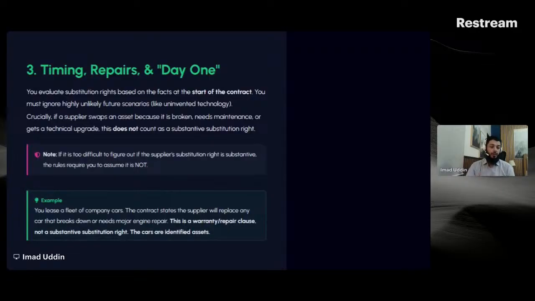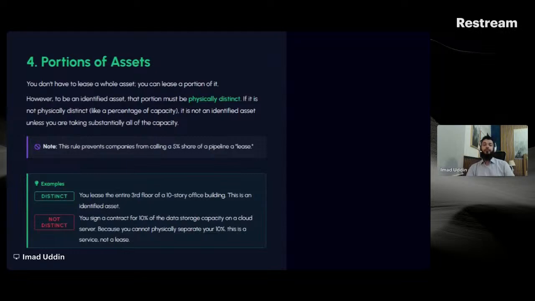Now, that's a protection that you have as a lessee, and therefore the right to control is not with the lessor because you're allowing him to repair the cars or exchange the cars that are damaged. So it's more of a warranty or repair clause and not a substantive substitution right. The cars are identified assets and your lease is a valid lease.